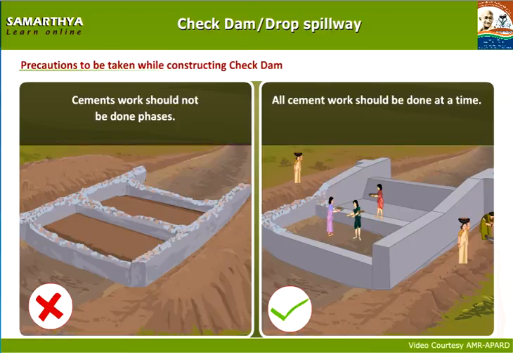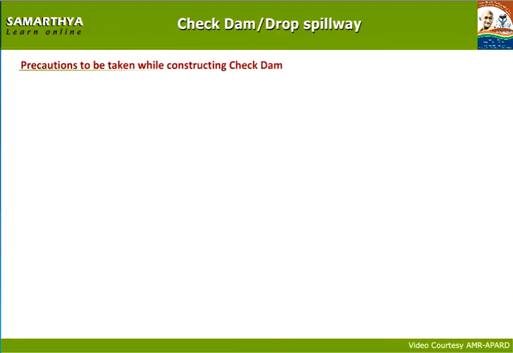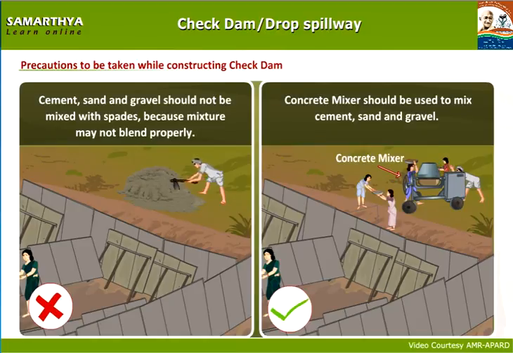Cement work should not be done in phases. Cement, sand and gravel should not be mixed with spades because mixture may not blend properly. Concrete mixture should be used to mix cement, sand and gravel.